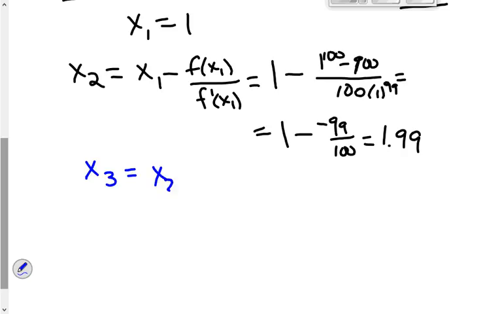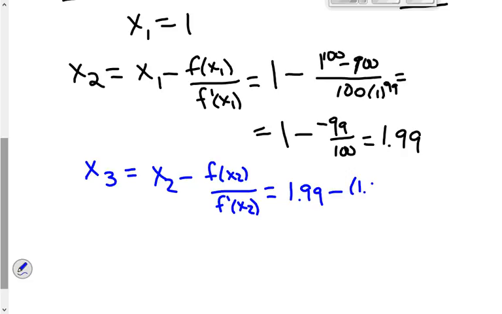x3 is x2 minus f of x2 over f prime of x2. So that's going to give me 1.99 minus 1.99 to the 100 minus 100 over 100 times 1.99 to the 99.